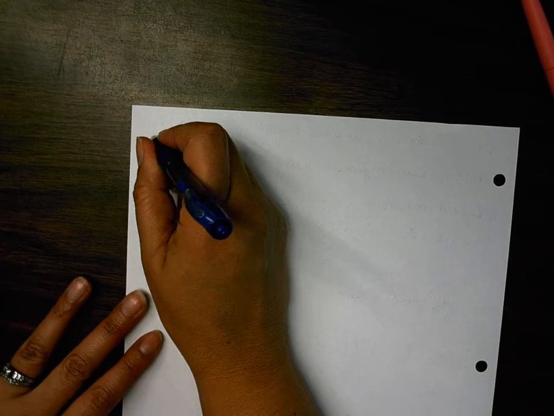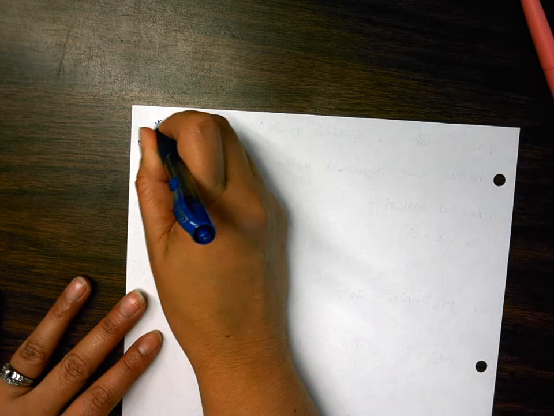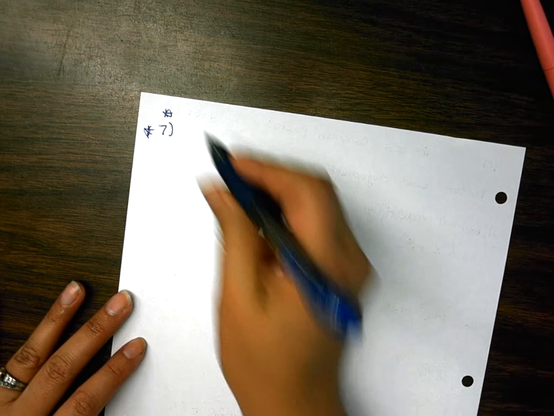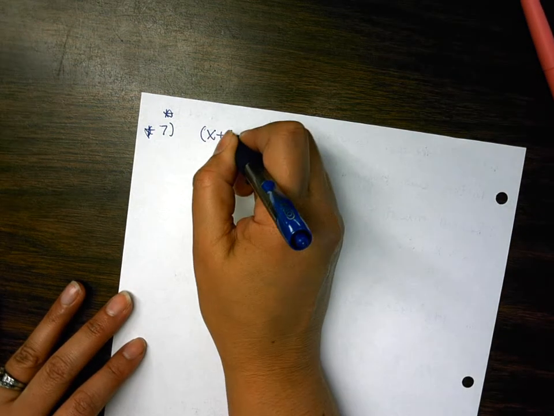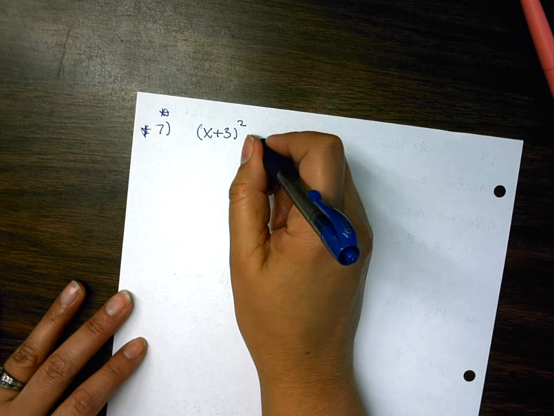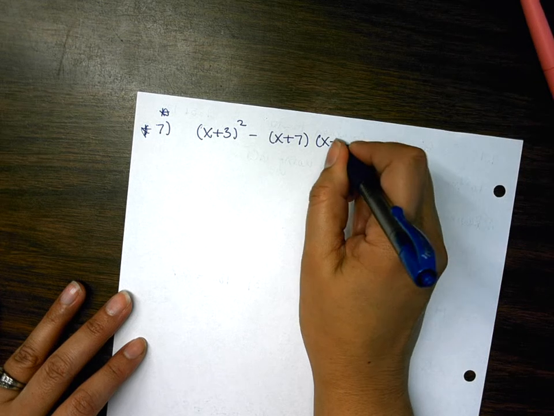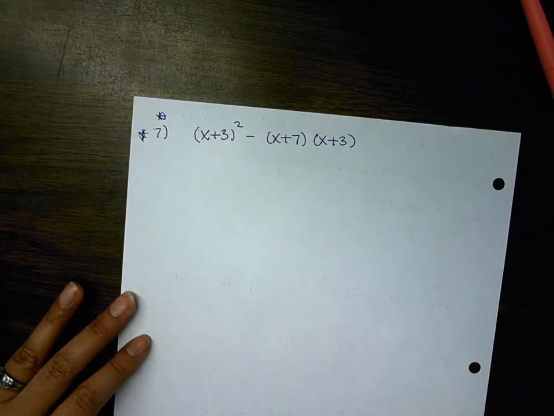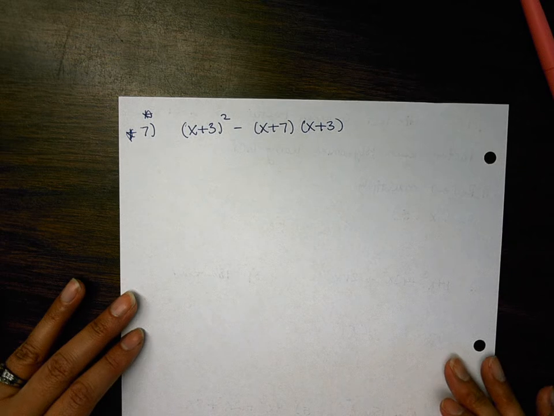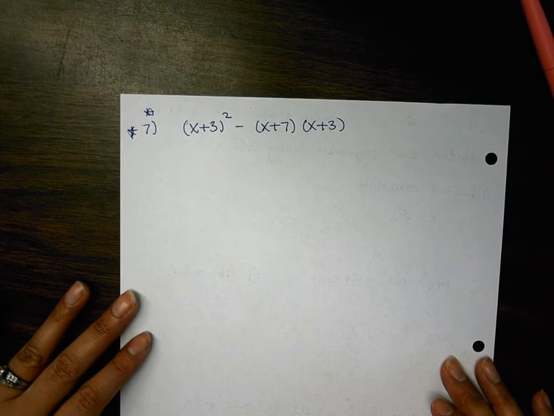Okay, number 7. This is one that kids mess up every year on the test, so please make sure you're paying attention. (x + 3) quantity squared minus (x + 7)(x + 3). Okay, this is a binomial.